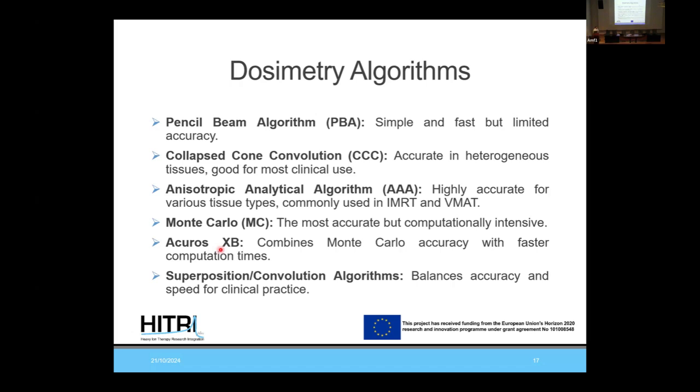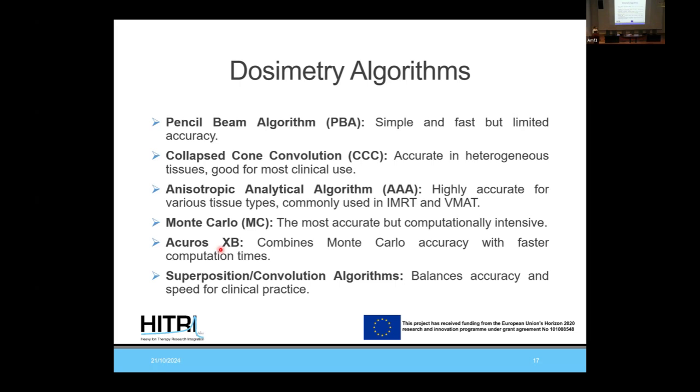There are many algorithms, but what I want to say here is Monte Carlo is the most accurate, but very, very slow. We need time to calculate the dosimetry, not me, the computer.